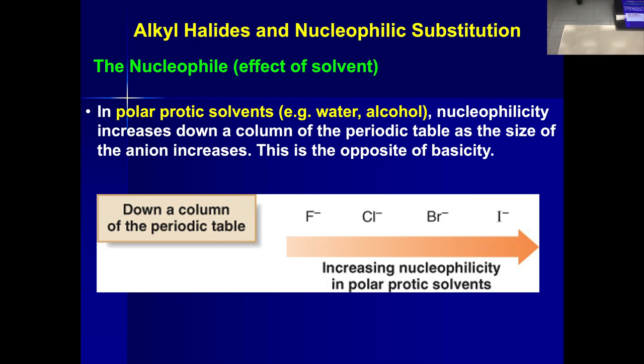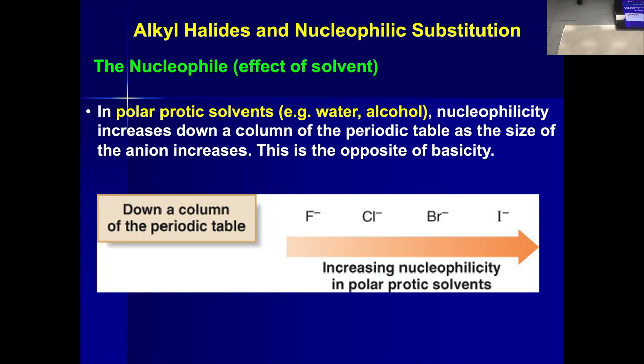Okay? And it turns out that water and alcohols, we call those polar protic solvents. So let me draw water for you. Why do we call this polar protic? Why is this a polar protic solvent?